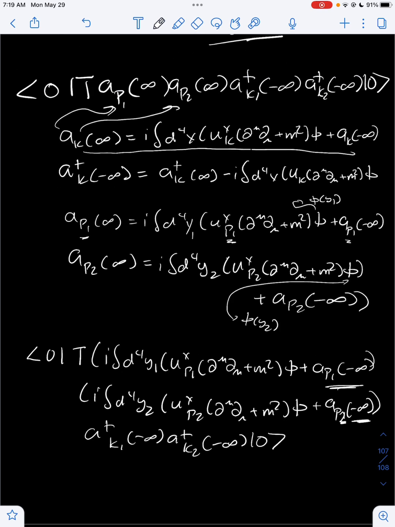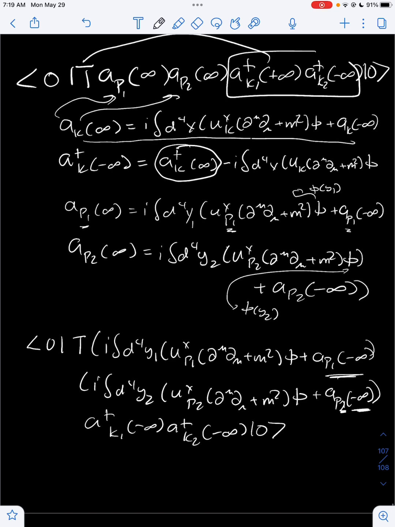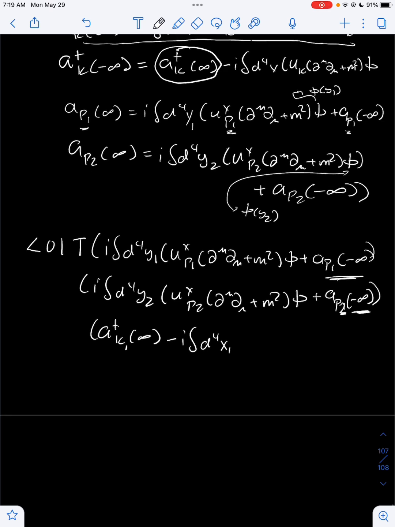We see that we can write this in terms of a conjugate k of infinity. This is on the right. So once it's plus infinity, it's going to go to the left and annihilate this covector vacuum. By doing that, we're going to replace this with u of k1, x1, and then u conjugate k.